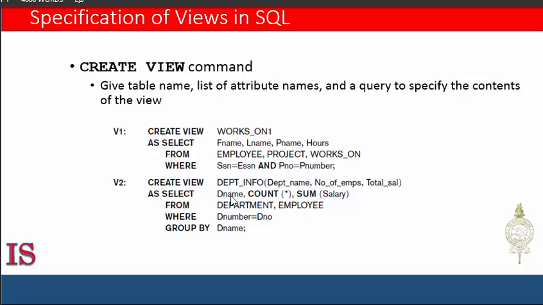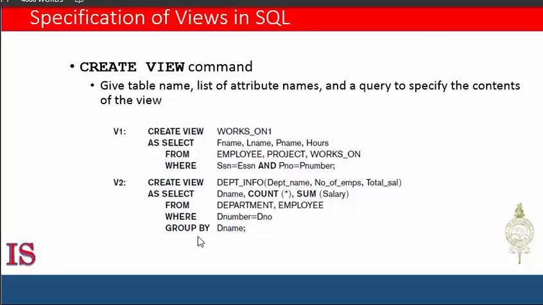SELECT the department name, DNAME, comma, the COUNT, which is counting tuples if you recall, comma, SUM of salary, which is adding up all the salaries that are retrieved. FROM the department table, comma, employee, two tables, WHERE D number equal D no, which is joining the two tables together, department D number to employee D no, and GROUP BY department name.